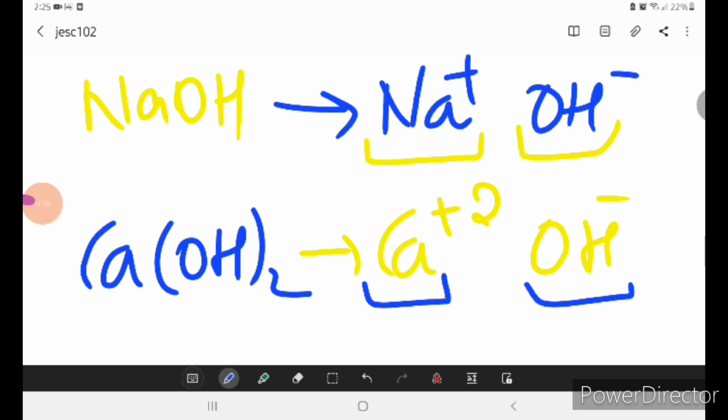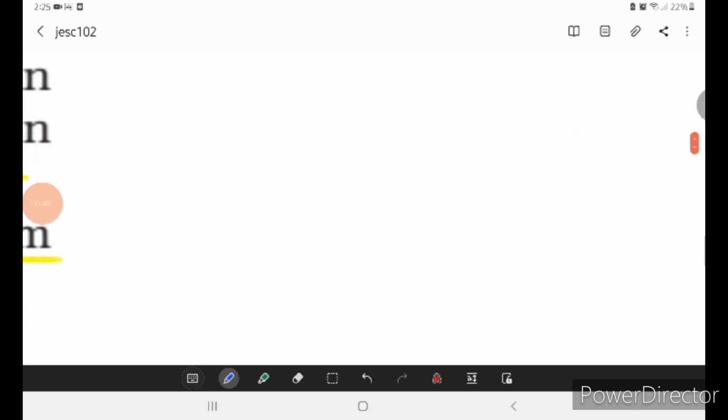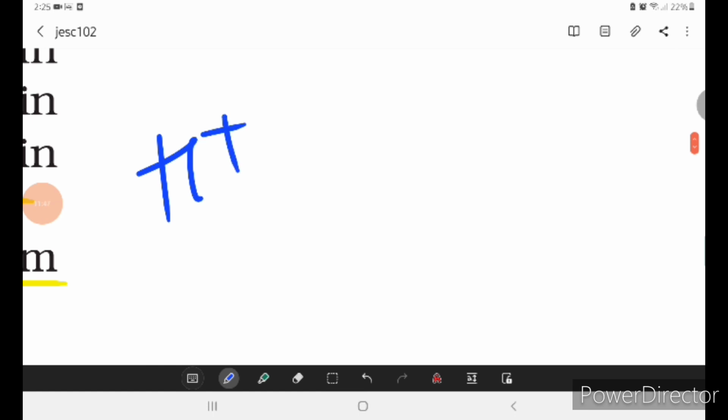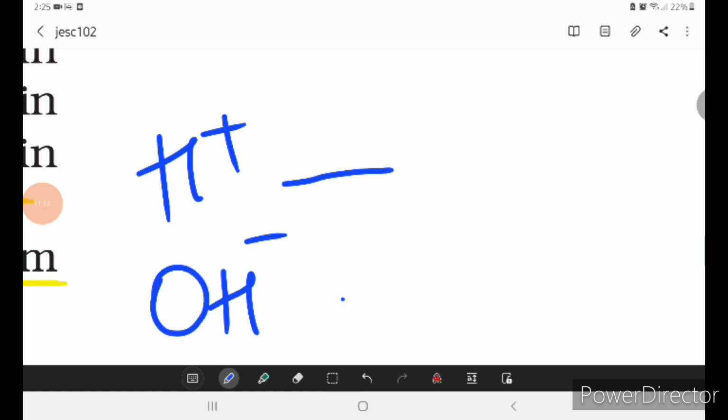Finally, we can conclude that whenever a base is dissolved in water and dissociates, it dissociates into the respective ions, whereas acids dissociate into H plus and their respective anion, and bases dissociate into OH minus and the respective cation.